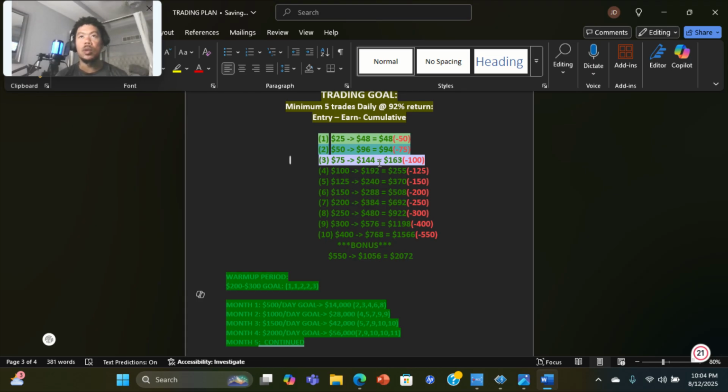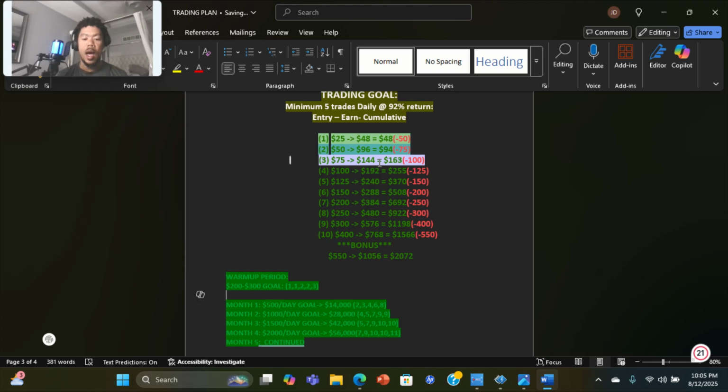Sometimes you'll get three in a row, you might lose one. Then you start teetering, getting it, losing it, and you just continue on. It's not an exact science, so to say this is how the plan works and you'll be there, it's not 100% going to be that way.